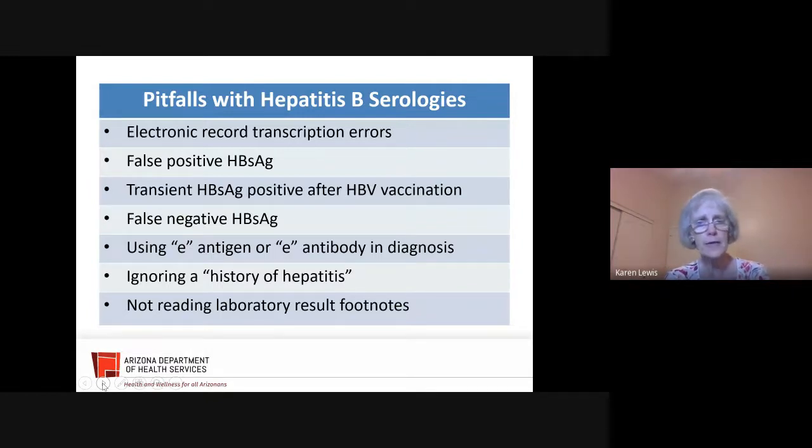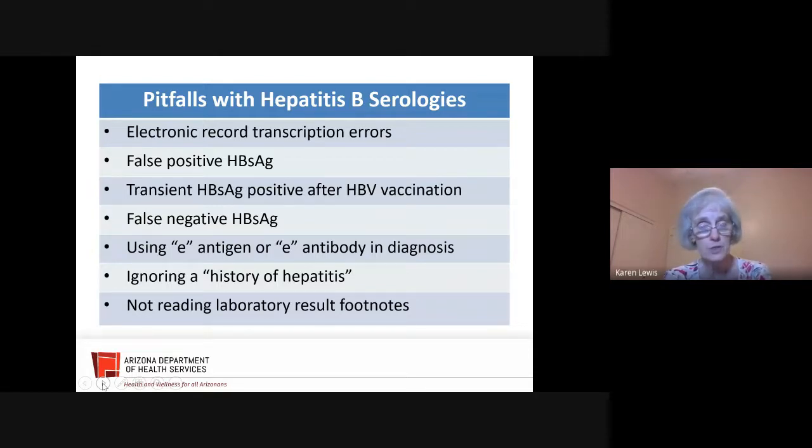If you use the E antigen or E antibody in the diagnosis, it can mess you up. I saw somebody who had a history of hepatitis in the past, and people did not ask. This was a perinatal patient, and mom had a history of hepatitis, and people did not check into the fact that it was actually hepatitis B, and there was an electronic transcription error.